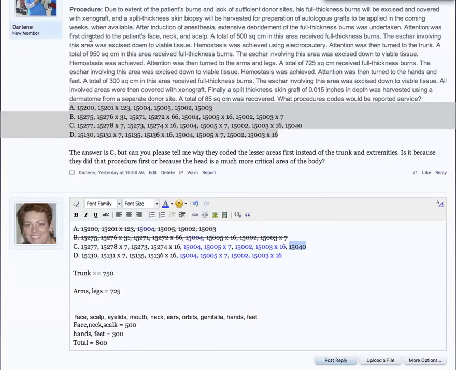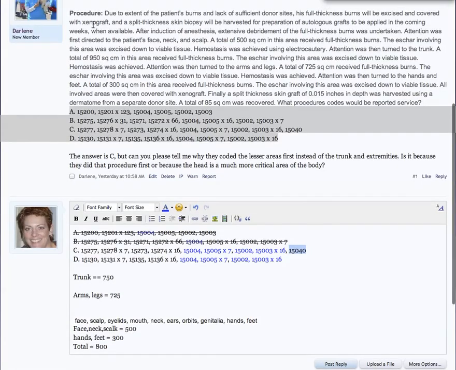Did we have an autograft? I don't think so. We had a xenograft. Let me just make sure. Oh, and a split thickness. Oh, no, that's a skin biopsy will be harvested for autologous grafts in the coming weeks. Okay, so they did.